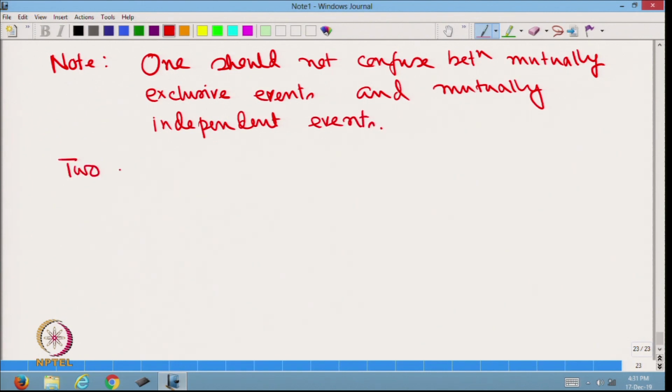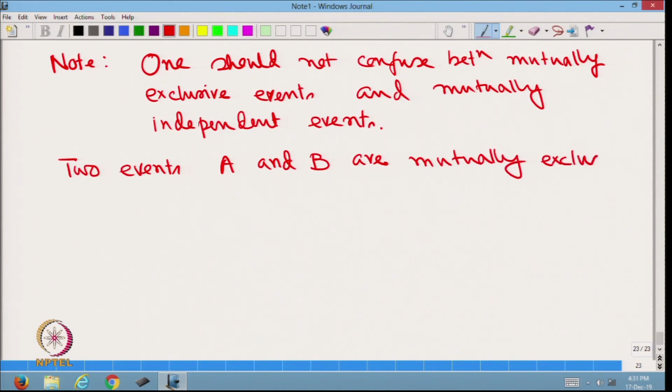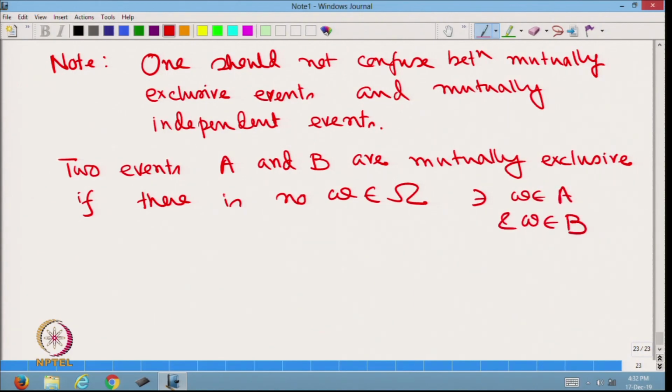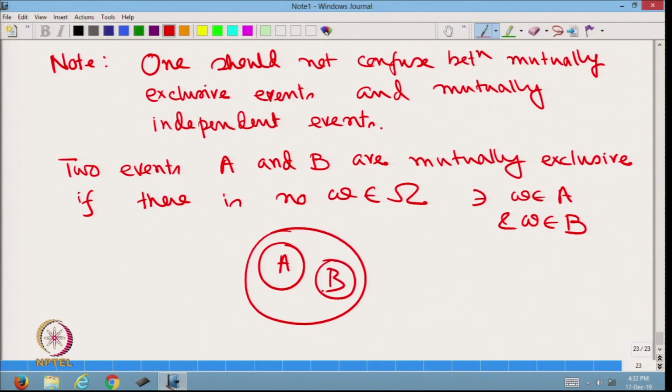Two events A and B are mutually exclusive if there is no omega belonging to omega such that omega belongs to A and omega belongs to B. Say for example, if this is my A and this is my B, then their intersection is phi, therefore, these are mutually exclusive.